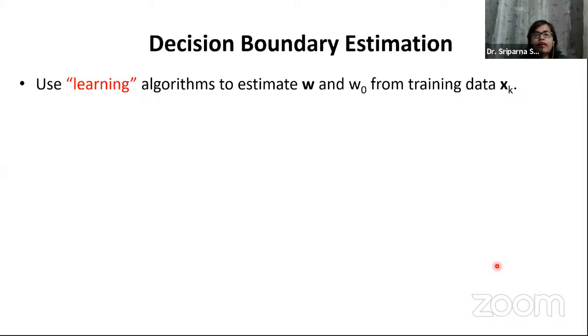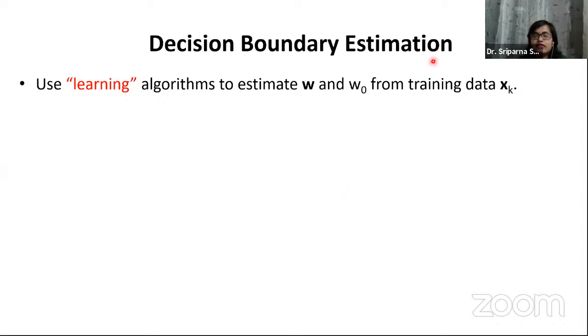So how can we estimate the decision boundary, that is, how can we decide what your decision boundary will be? We use learning algorithms to estimate W and W0 from the training data XP. In the last class, we already discussed three types of data set: training, validation, and testing.